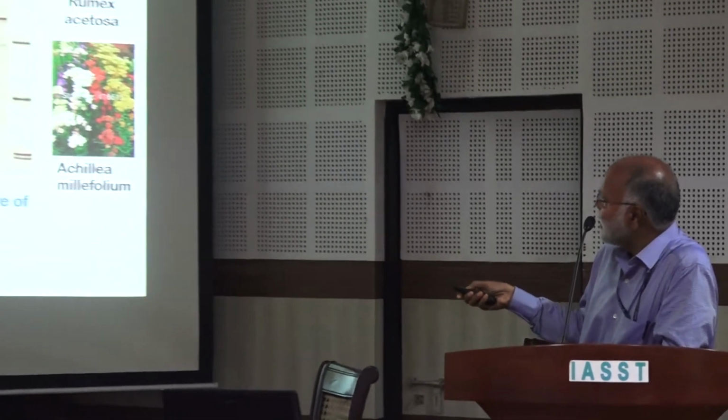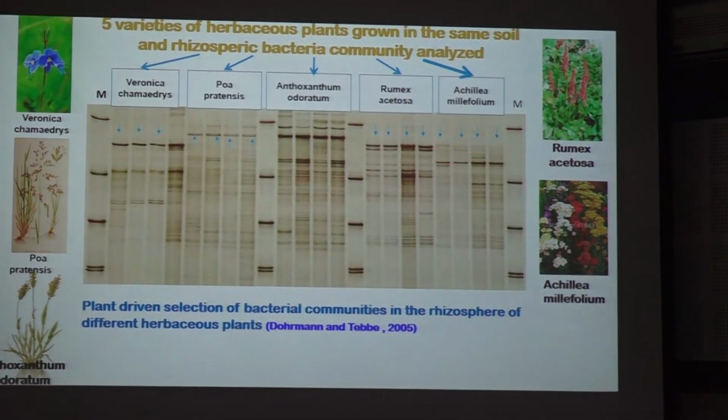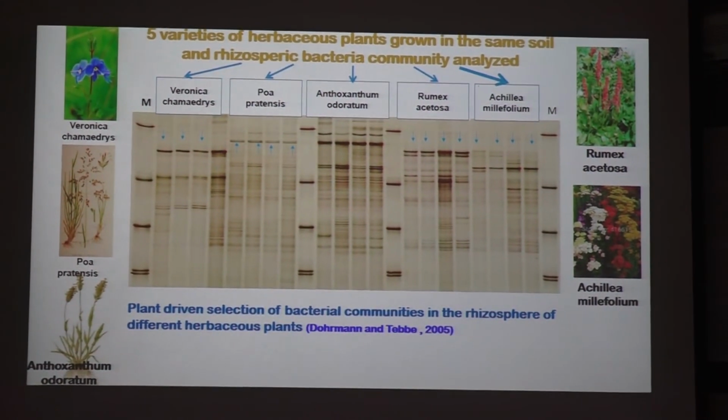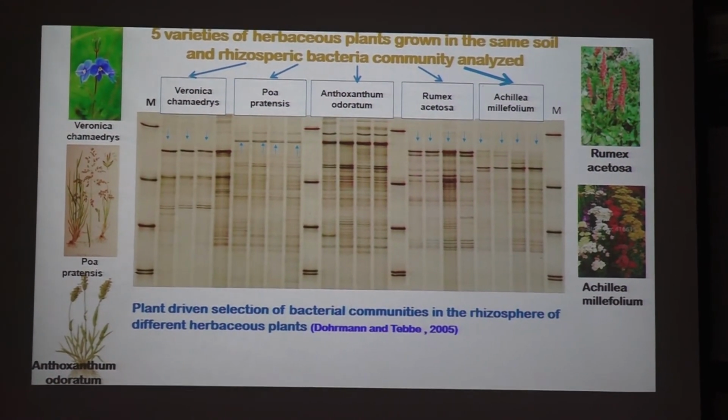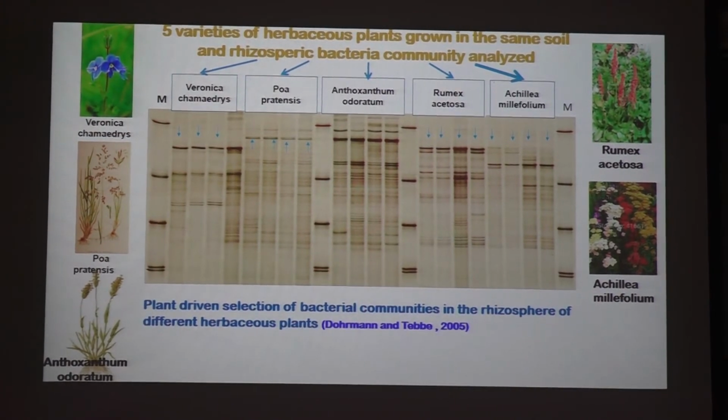Now what you see here is a denaturing gradient gel electrophoresis. I need not explain, you know this institute does quite a bit of work on that. In the same soil, you grow different crops, and all the bacteria are common, but each selectively brings only a few particular species. This is what is reflected.